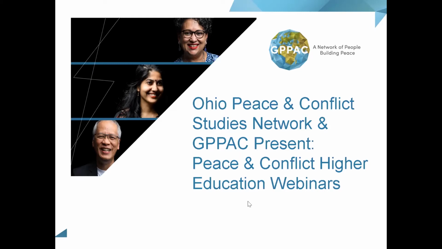Before Steve shares more with us about that, I want to thank our sponsors, the Global Partnership for the Prevention of Armed Conflict, for helping to support this series and for the development of the Ohio Peace and Conflict Studies Network. So in Ohio, we have about 52 colleges and universities, and most of those have either a certificate, degree, or concentration, or a department that focuses on conflict resolution or peace building.